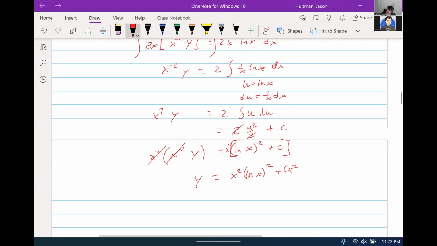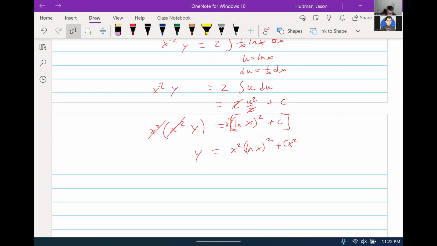And I could actually bring everything under one squared if I really wanted to, you know, x ln x squared plus cx squared. Okay, so this is my general solution.